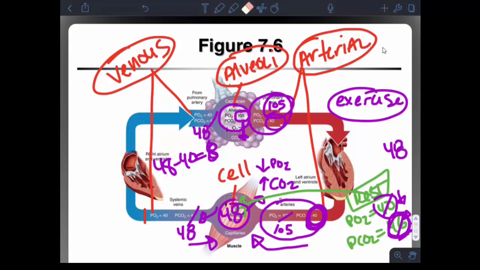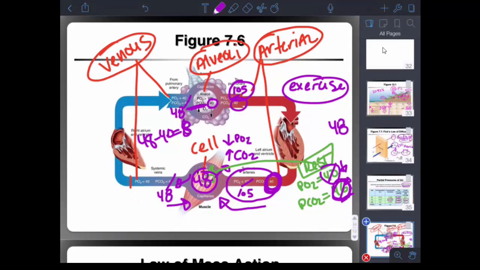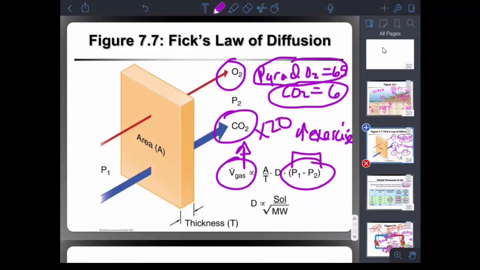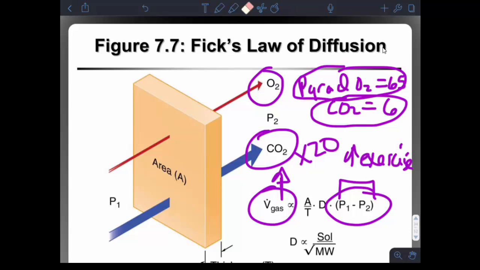It's going to be 48, which then again sets up a bigger pressure gradient at the alveoli than we had at rest, and that's going to drive CO2 out faster during exercise than what we had at rest, which is necessary.